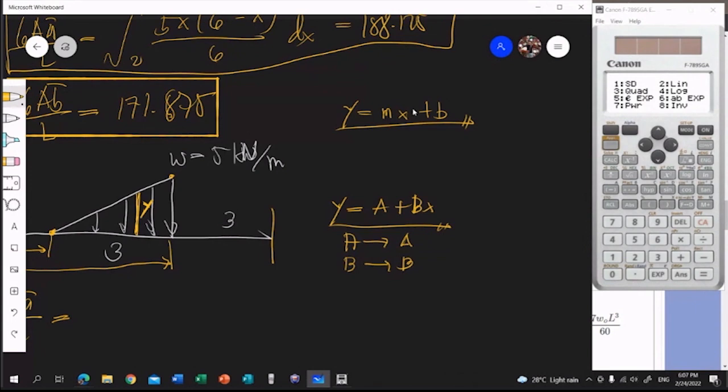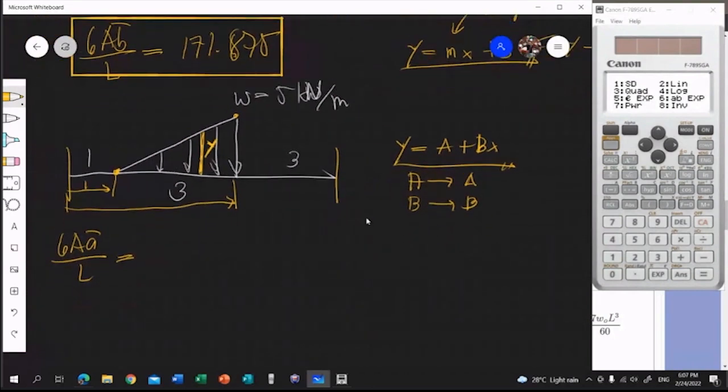Y is equal to mx plus b where m is the slope, b is the, ano ang b? Y-intercept, diba? So if you were asked, between A and B, which is the slope? B, diba? Tapos, A naman ang Y-intercept.